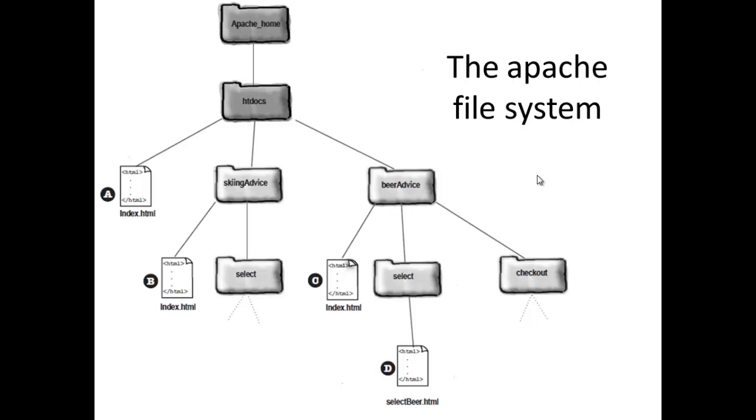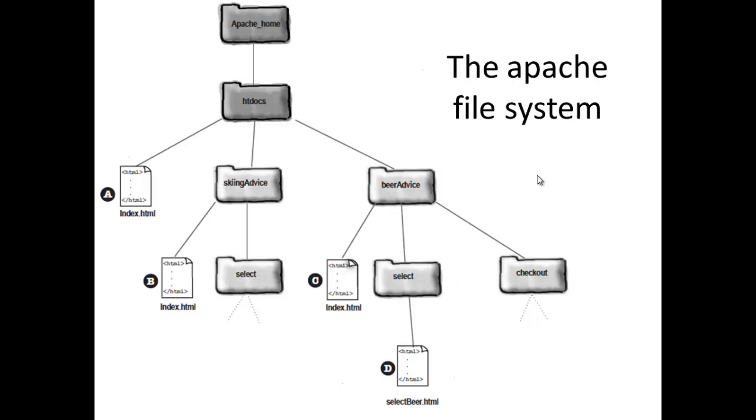Talking about the Apache file system, you recognize that we play the role of the server. Every server needs to have a web server running. Apache is what we consider in this course. Apache has a particular structure of the file system.